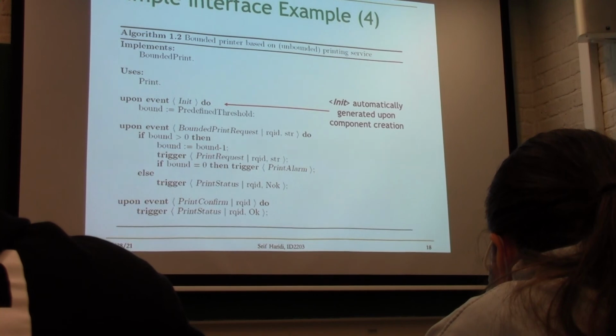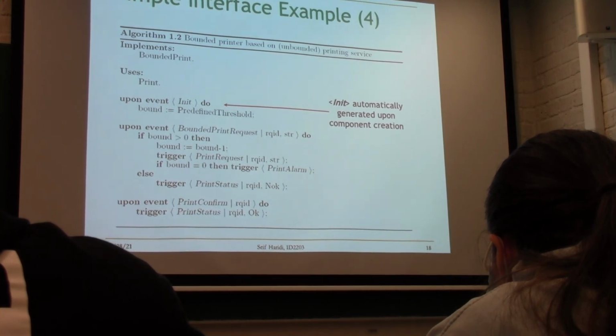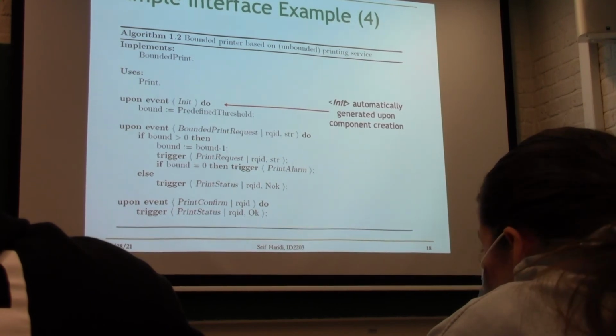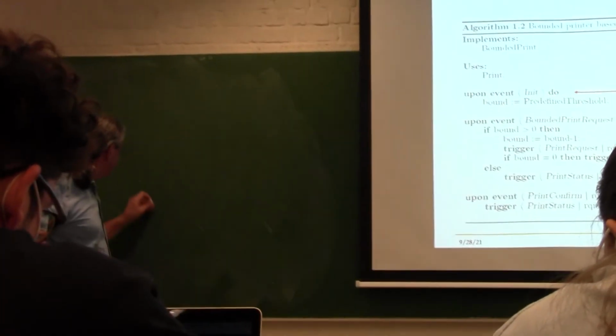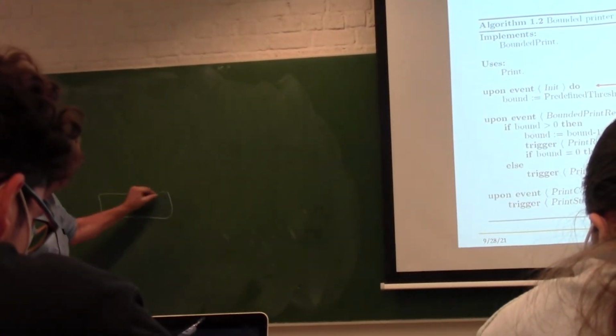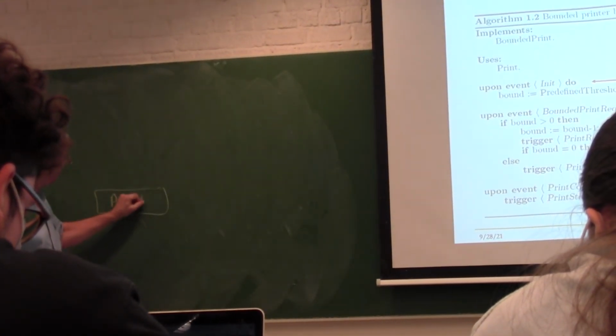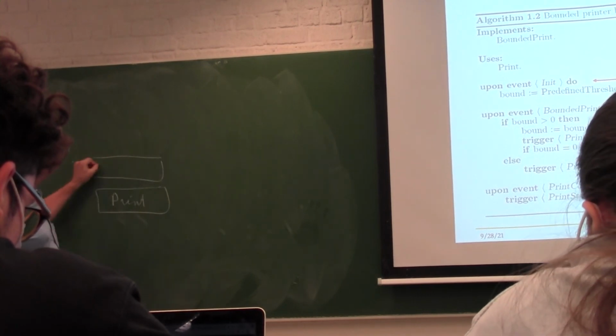So you see, this is already a system with two layers. Bounded print is implemented on top of print. It looks like this. This is one of the simplest examples of a two-layer system. I have print, I have bounded print.